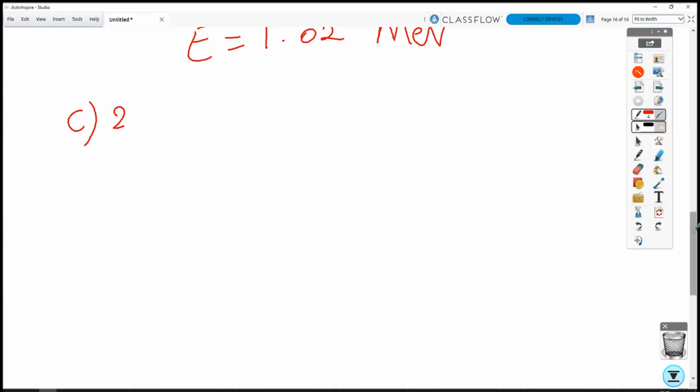For the energy, we're just going to do 2 times 8.16 times 10 to the minus 14 joules. That's equal to 16.3 times 10 to the minus 14 joules.